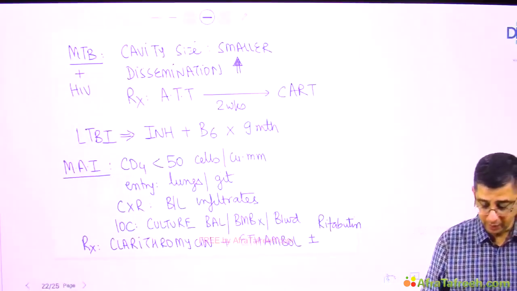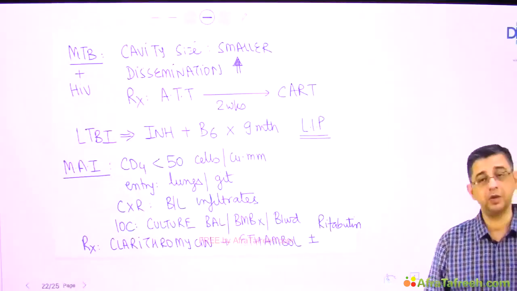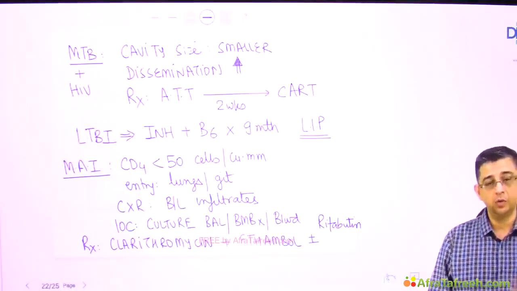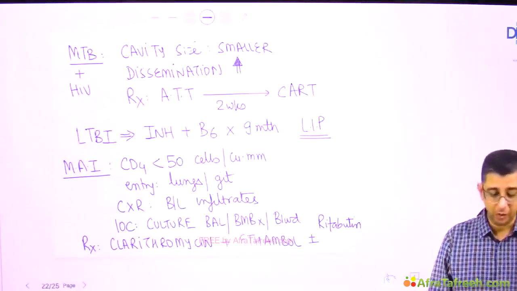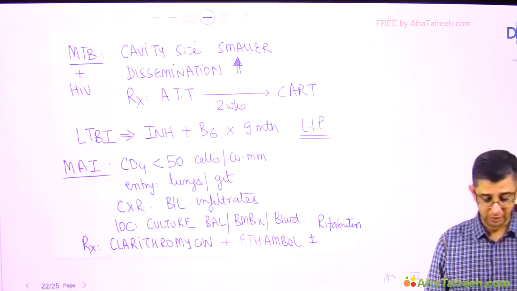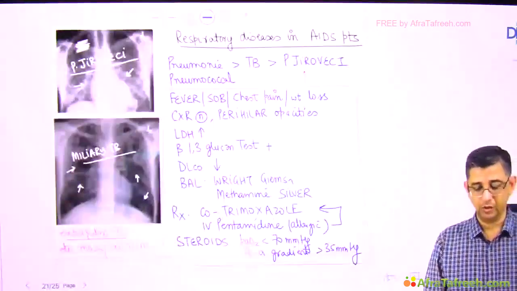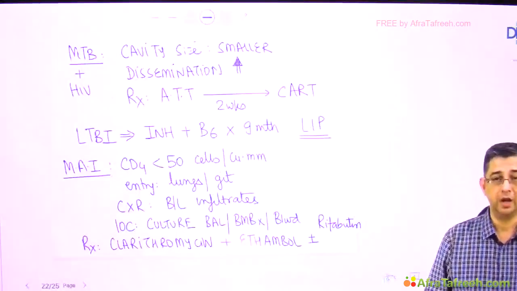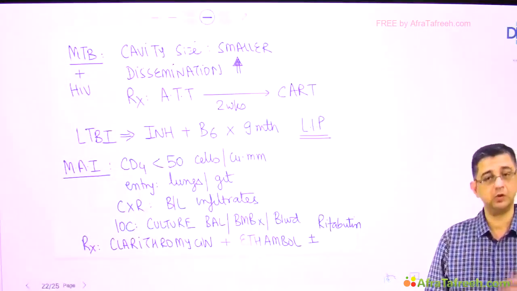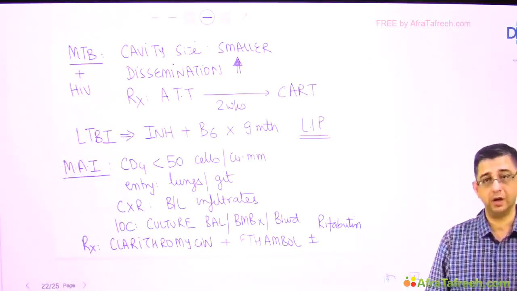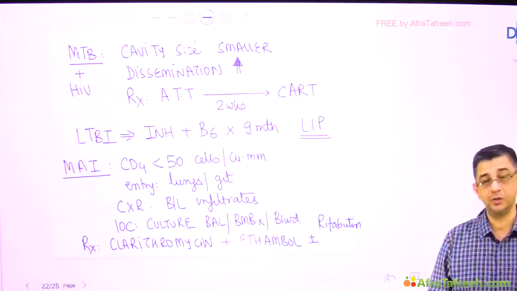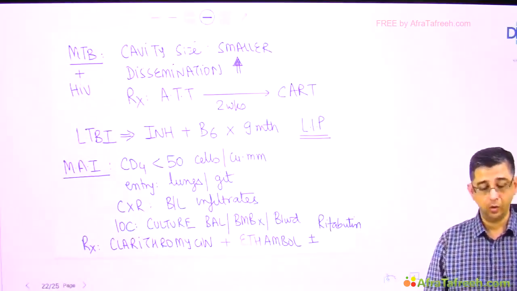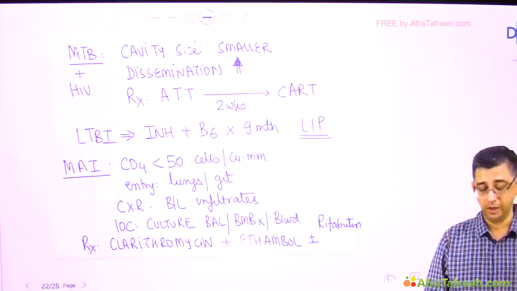Then in some cases, he might just give an X-ray that might again have a hazy appearance in bilateral lung fields, but no organism has been isolated. If none of these organisms have been isolated, I mean, it's not pneumococcal pneumonia, it's not TB, it is not jirovecii, it is not Mycobacterium avium intracellulare, and even the test for histoplasma antigen in the urine has turned negative. I mean, you tested for coccidioidomycosis, you tested for histoplasma, and all routine fungal infections are negative.